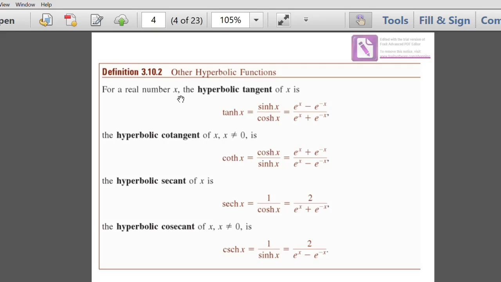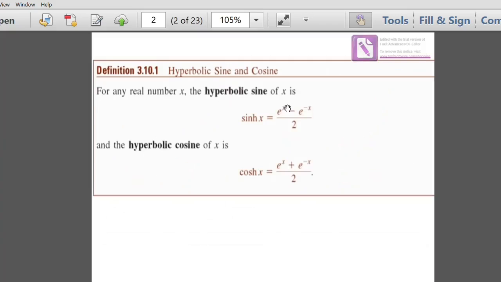So here we have the other hyperbolic functions. For a real number x, the hyperbolic tangent of x is equal sinh of x divided by cosh of x. And we know that sinh is given by exponential of x minus exponential of minus x divided by 2. So this one will be divided by cosh of x, which is exponential of x plus exponential of minus x divided by 2.